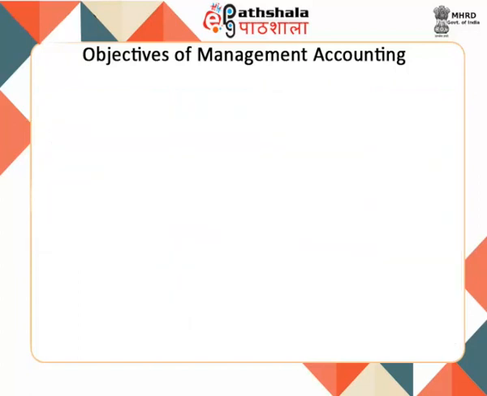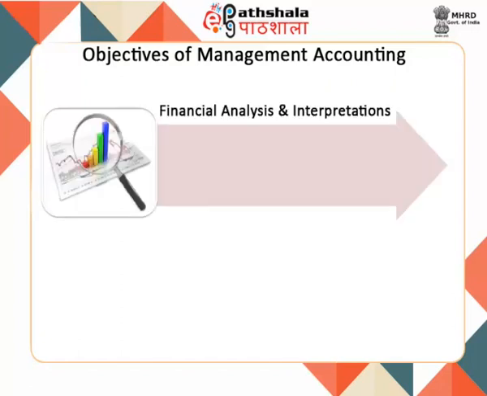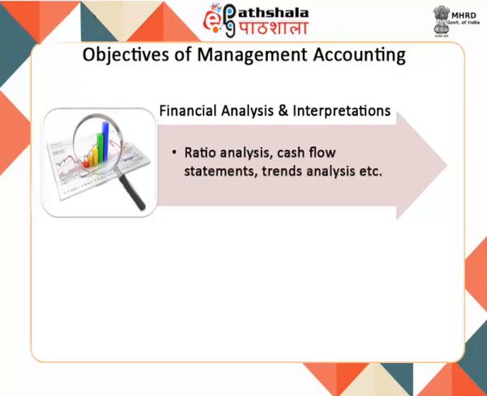Continuing with the objectives of management accounting, the next objective is financial analysis and interpretations. Management accounting has several techniques such as ratio analysis, cash flow statements, trends analysis, etc.